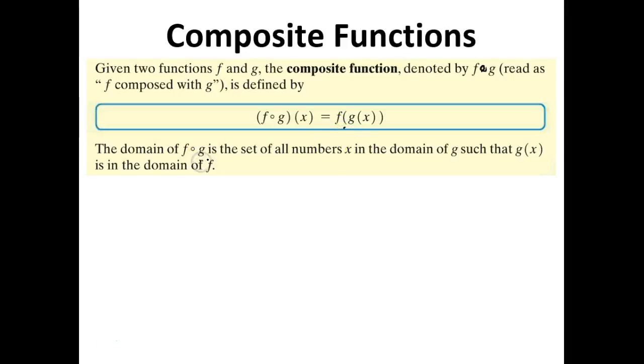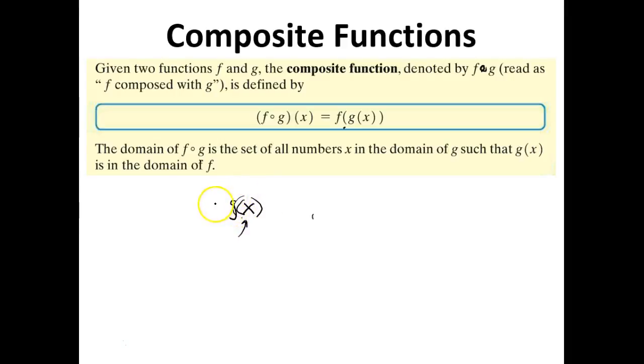The domain of f composed with g of x is the set of all numbers x in the domain of g such that g of x is in the domain of f. Well, what does some of that all mean exactly? So when we take a value, whatever x is, and put it into a function like g, there's going to be an input, that's our x, and then what we get out after we follow whatever set of directions might be over here, whatever we get out is called g of x.